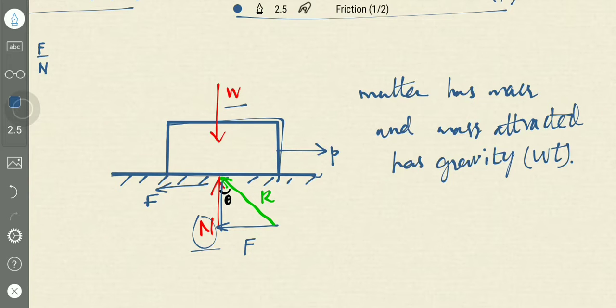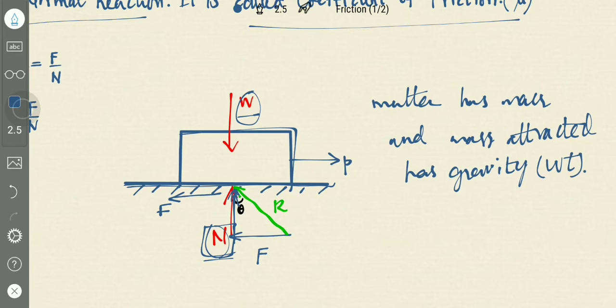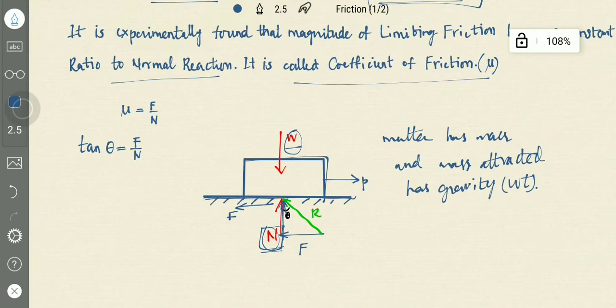The direction of normal reaction is perpendicular to the surface. So what is this experiment saying? The magnitude of limiting friction bears a constant ratio to normal reaction.